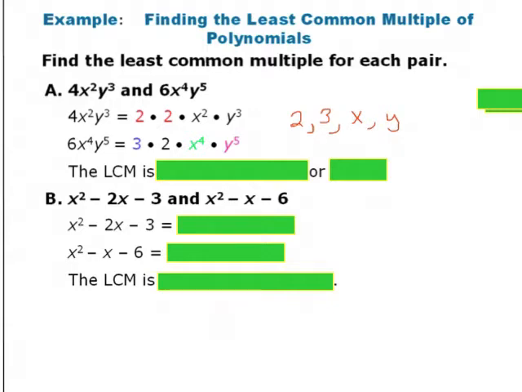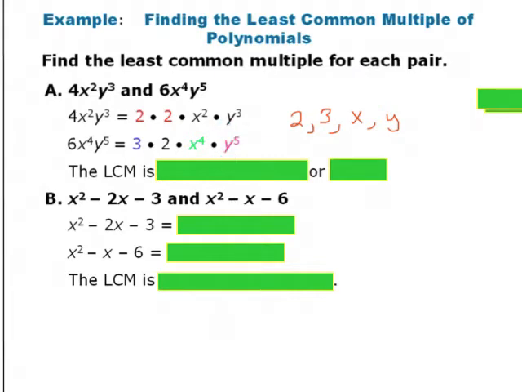Looking right here, I have 2 2's here and 1 2 there, so I'm going to take 2 2's. Here I have 1 3, and I have no 3's there, so I'm going to take 1 3. Here I have 2 x's and here I have 4 x's, so I'm going to take 4 of them. Here I have 3 y's and 5 y's here, so I'm going to take 5 of them.